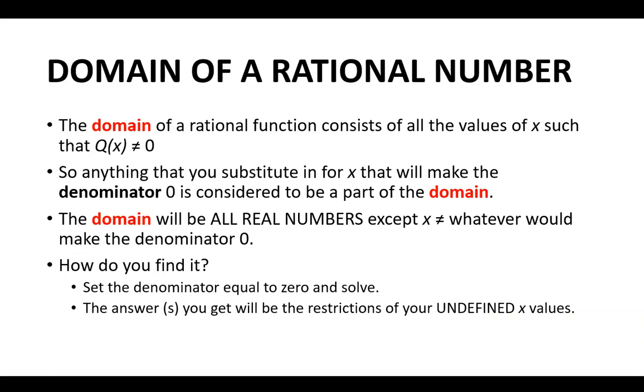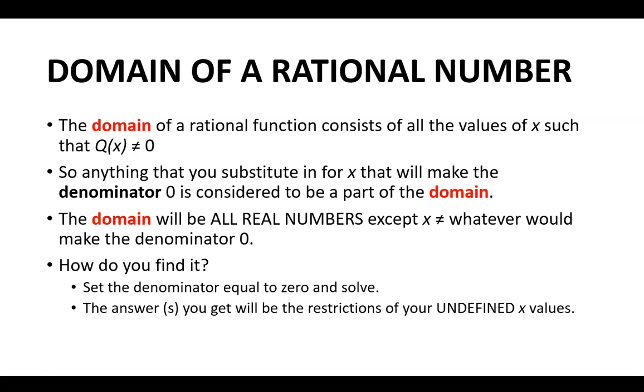So the domain of a rational function is going to be all of the values of x, every single thing that I can put into that rational function, except for where q of x, or my denominator, is going to be 0.